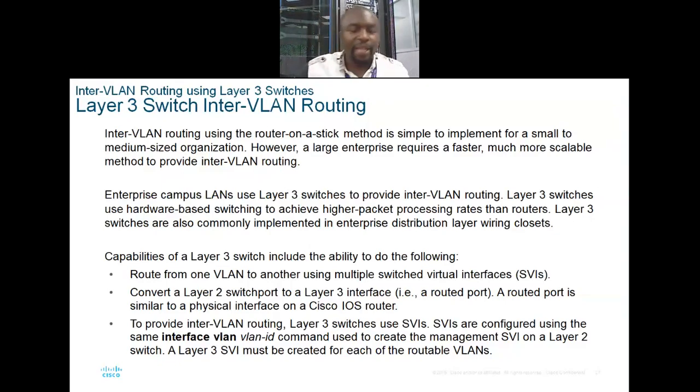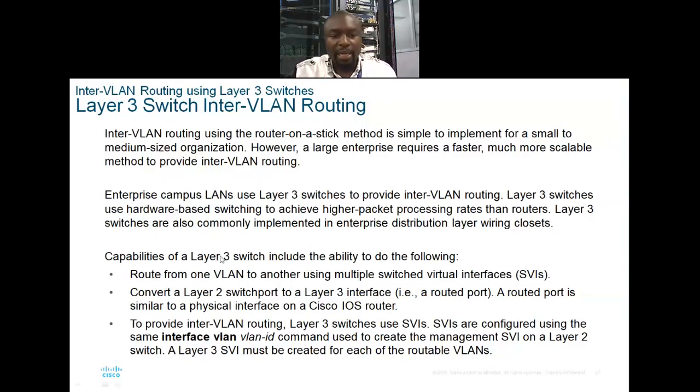So enterprise campus LANs use layer 3 switches to provide inter-VLAN routing. Layer 3 switches use hardware-based switching to achieve higher packet processing rates than routers. They are also commonly implemented in the enterprise distribution layer.